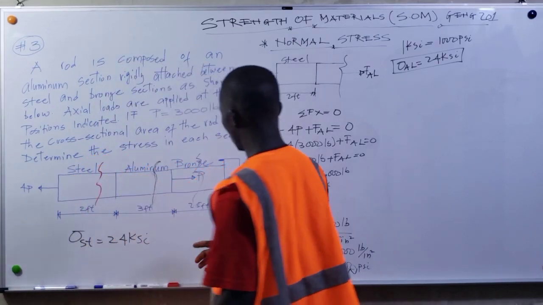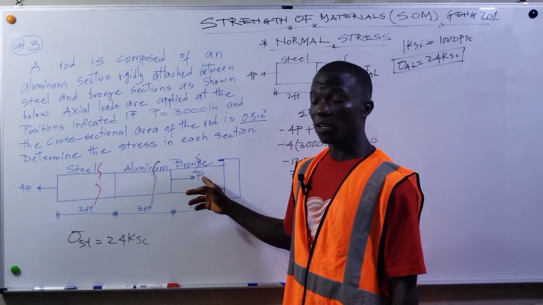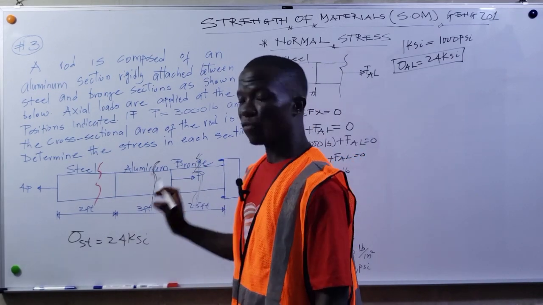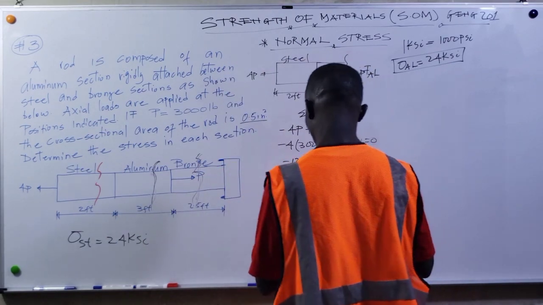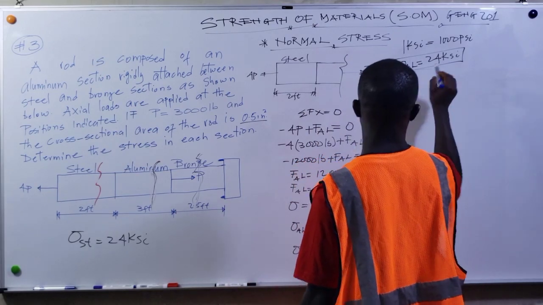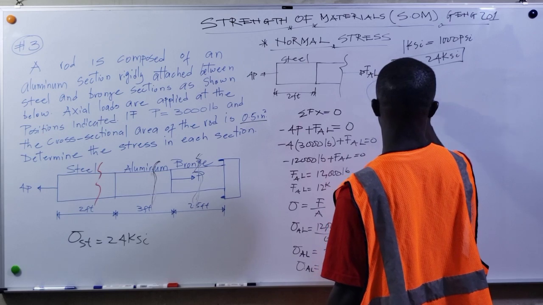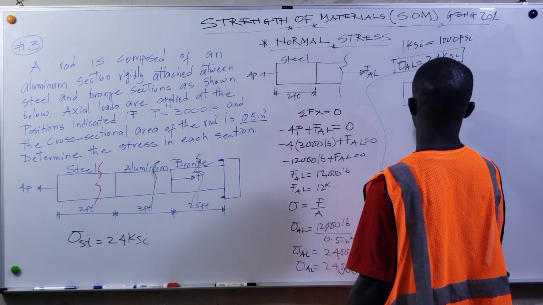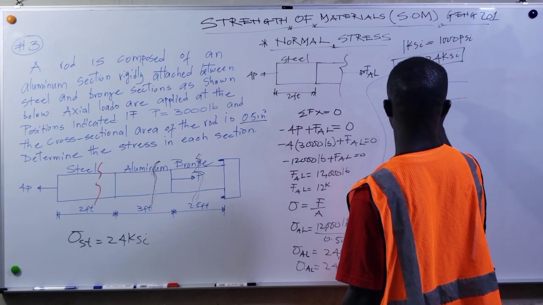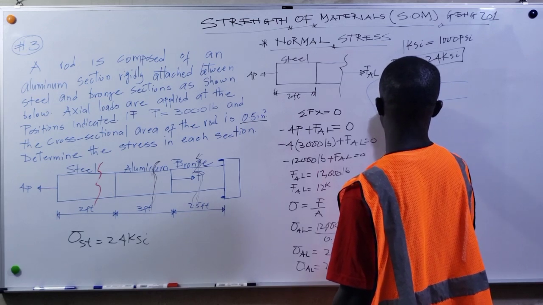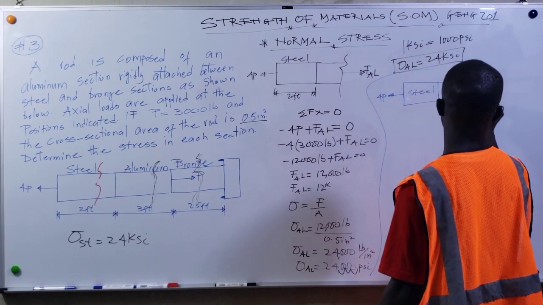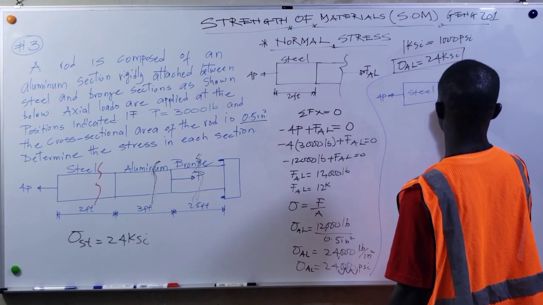So finally, we are now coming to find the stress within the broom section. So when we cross section through the brooms and draw the free body diagram for the brooms. This is the steel section. This is the aluminium.